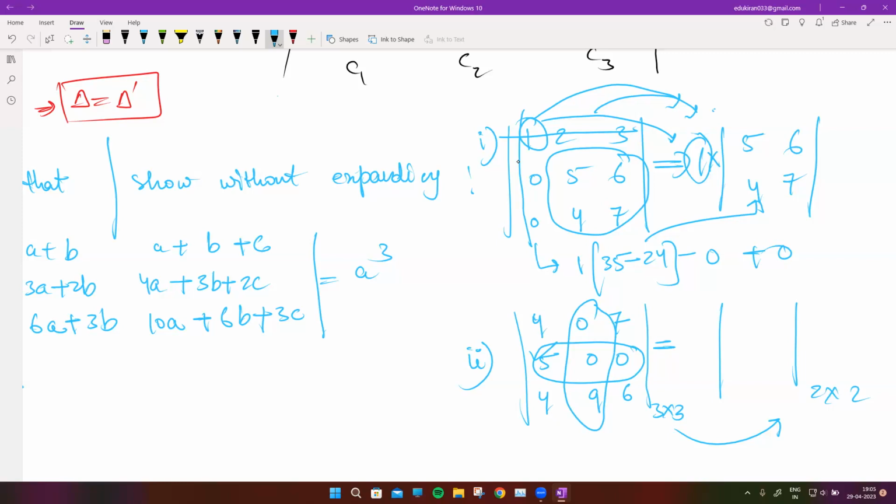Either I can do it from the second column perspective, or I can go to the second row perspective. Let's go to the second row perspective first. So according to the second row, yes, there's only one element which is non-zero. So I will take that element, which is 5, right? And I will delete its row and I will delete its column. This is nothing but this.